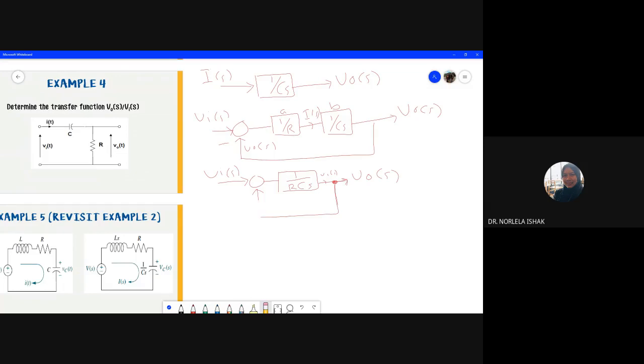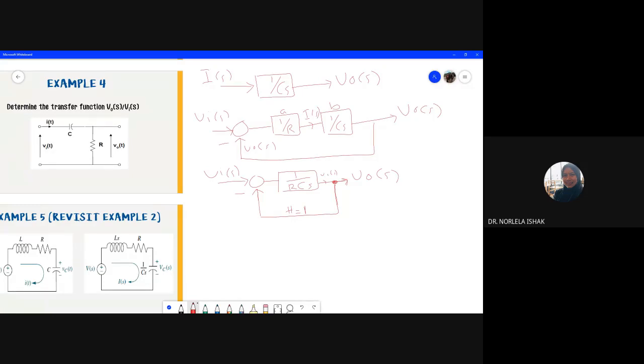Okay, so the next one, what type of connection here? Feedback. Okay, good, feedback. Meaning H equal to? H equals how much? 1. Okay, very good. H equal to 1. So we apply the feedback form here.